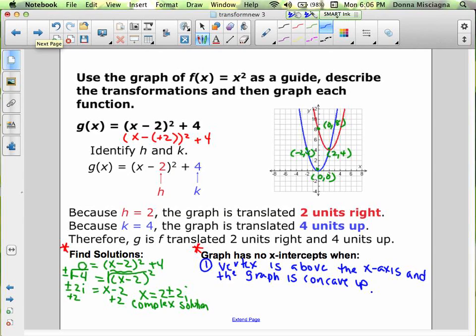That's the first possibility. Or number 2, the vertex is below the x-axis.